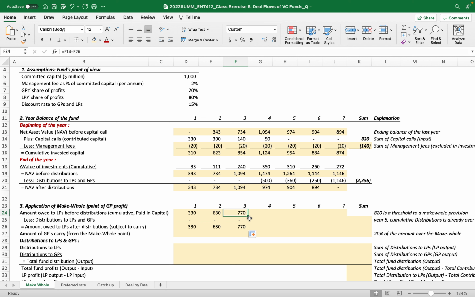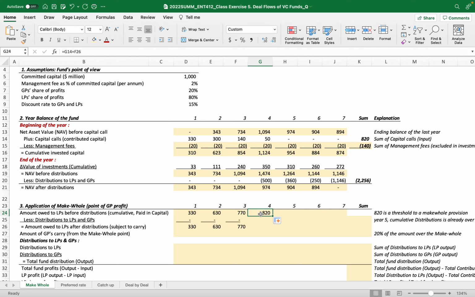Here. Now next, let's drag one more. This number is now very important. 820 amount owed, right? What is this number? Right, this is the sum of the capital cost.